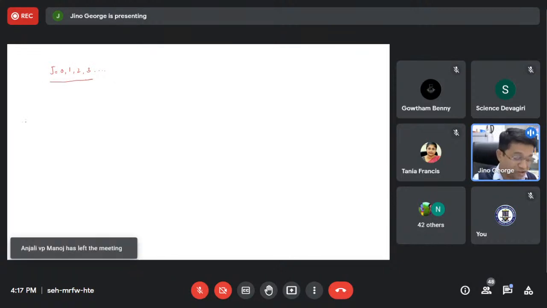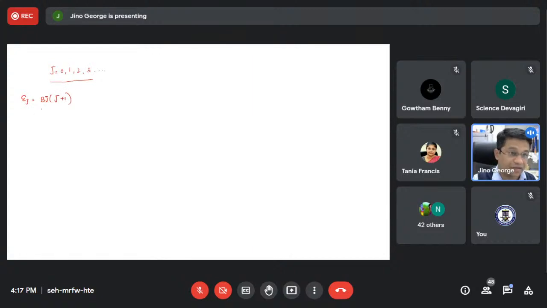So we have already mentioned Ej is equal to B into J into J plus 1, right? This is the expression. If J is equal to 0, the first term will be 0. So I'm writing J values here, J is 0. This will give you 0. Writing very clearly, this is my Ej.